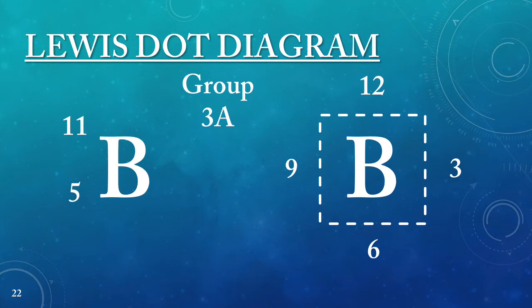And then we're going to start placing them at 3 o'clock first, and we're going to go clockwise. So we put 1 at 3 o'clock. We then put 1 at 6 o'clock. We then put our third one at 9 o'clock. So when I take away the clock, this is what a Lewis dot diagram for boron looks like.